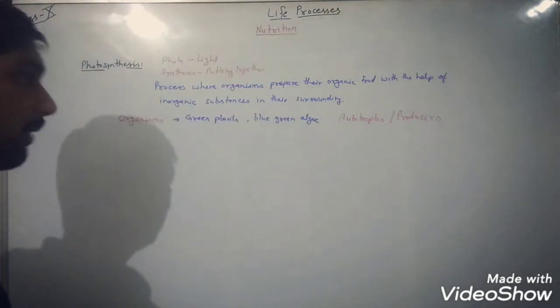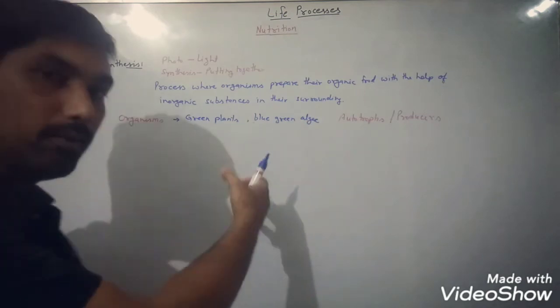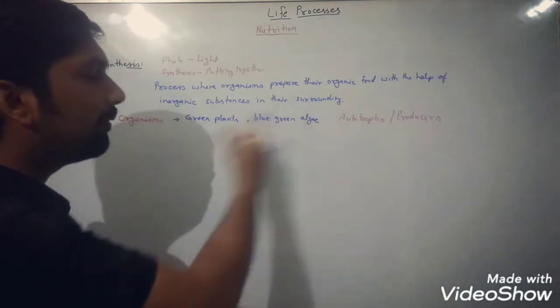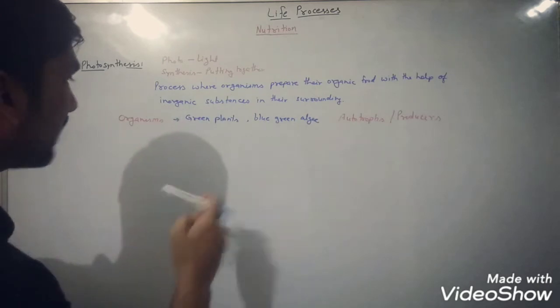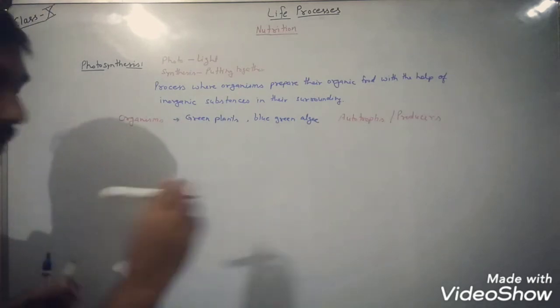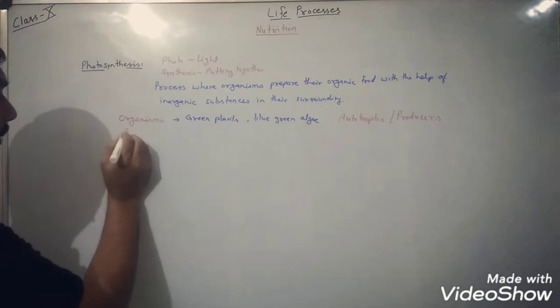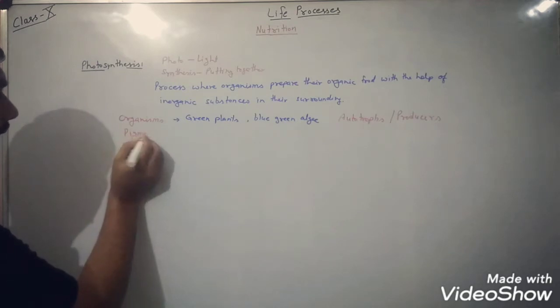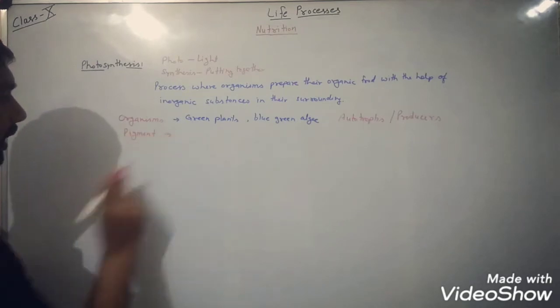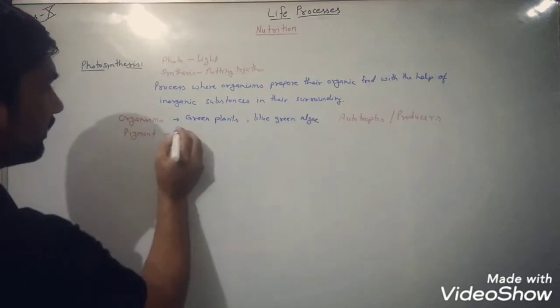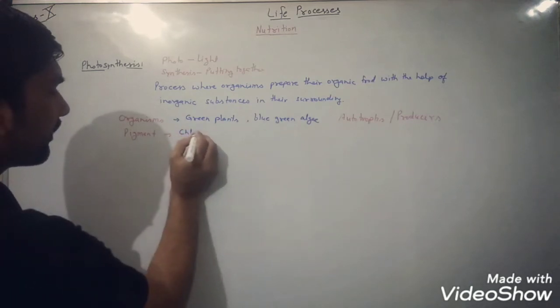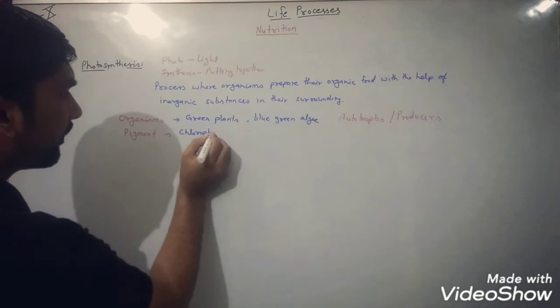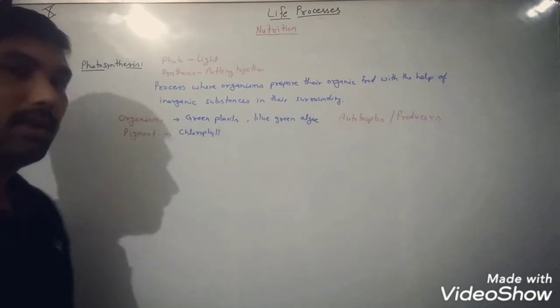And why are they capable of synthesizing their organic food material from inorganic substances? Just because of the presence of a specific pigment in them, and that is chlorophyll.